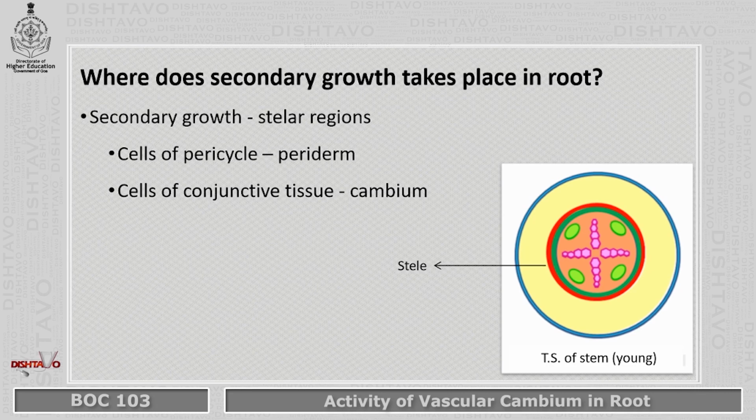The cells of pericycle will form the outer protective layer, that is periderm, whereas the cells of conjunctive tissue beneath the phloem and at the apical region of protoxylem will undergo dedifferentiation and form strips of cambium.